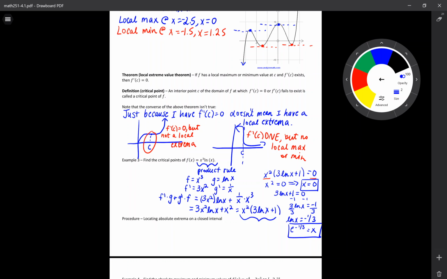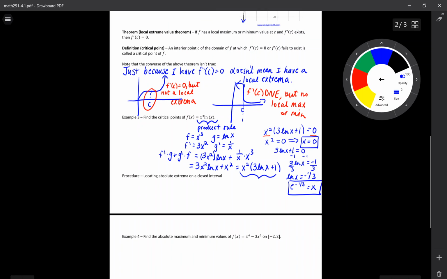So how do we locate absolute extrema on a closed interval? So here is our procedure. How do we do this? So I first need to make sure that f is continuous on our closed interval. So assume f is continuous on this interval.